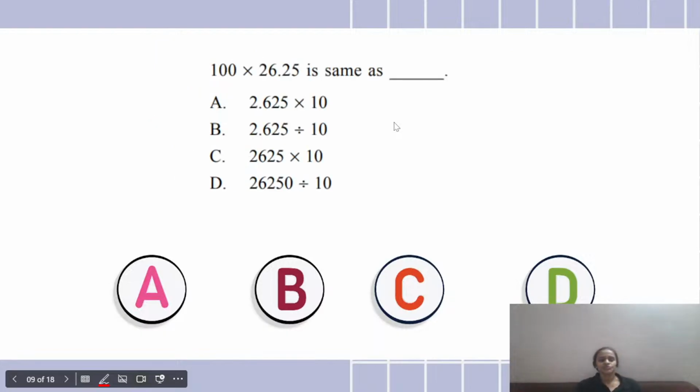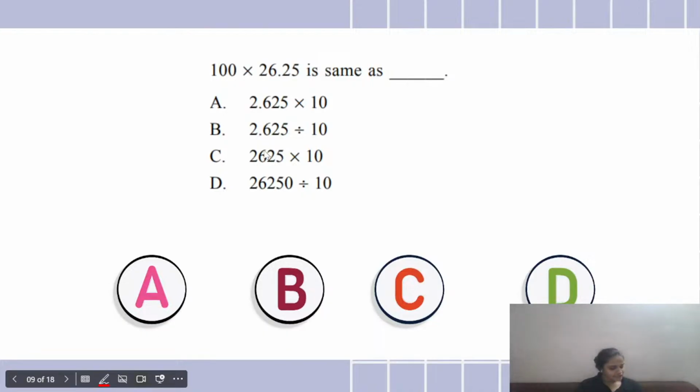Very good. Now let's move on to the next question that reads like this. 100 multiplied by 26.25 is same as what? This is also easy.